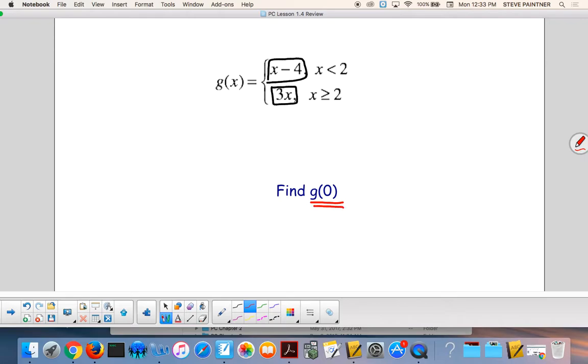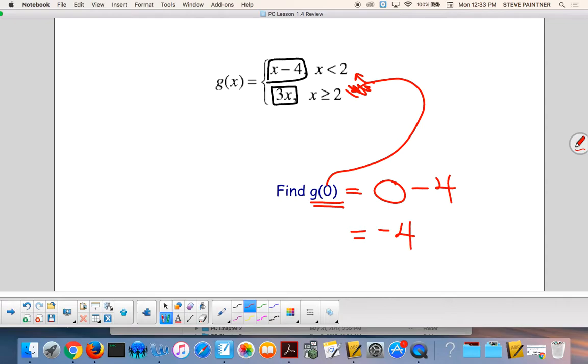So here we go. Find g of 0. Well, is 0 in this one or this one? It's the top. 0 is less than 2. So don't go into this function. Go into this one. So what is g of 0? 0 take away 4? Negative 4.